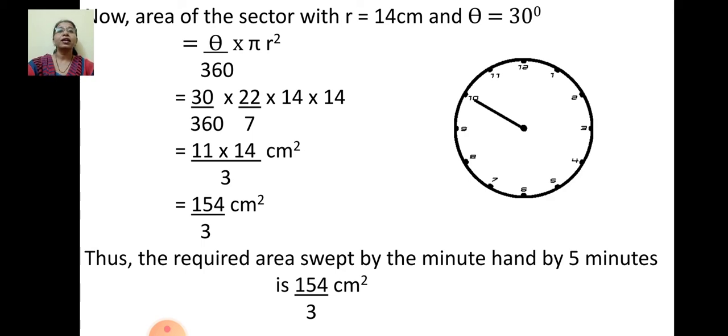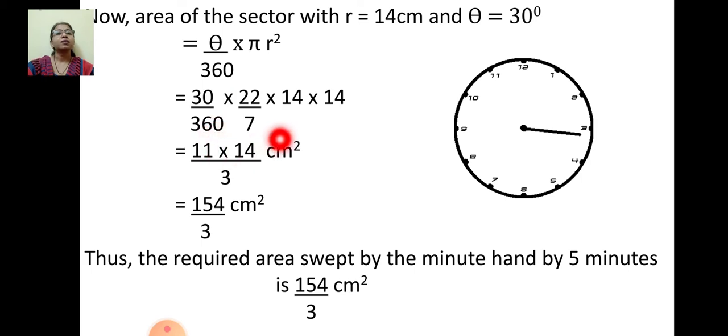So now radius is 14 centimeter and theta, that is the angle traced by that long hand in 5 minutes, is 30 degree. So theta divided by 360 into pi r square is the formula for area of sector. This sector is the angle swept by long hand in 5 minutes.